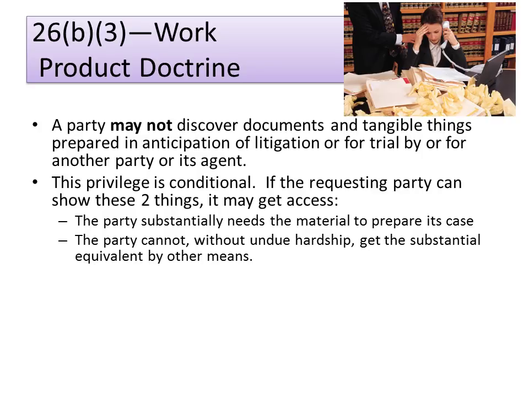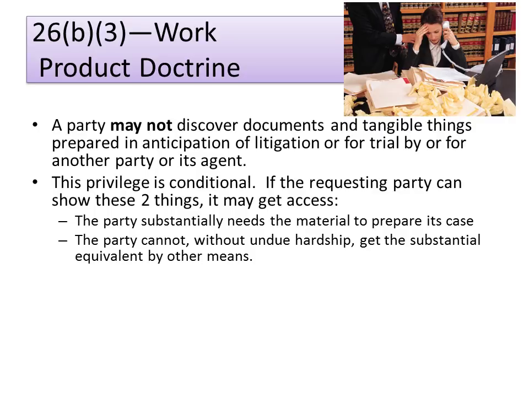So you can see here in this rule a real balance between those policies that I mentioned at the outset. On the one hand, do your own work, right? Assemble your own case. And that protects the adversary system.